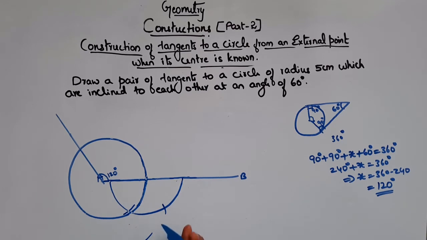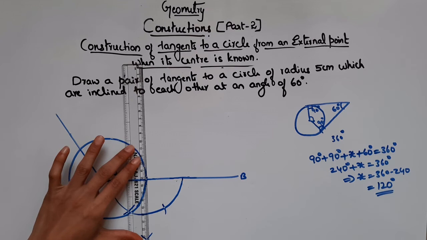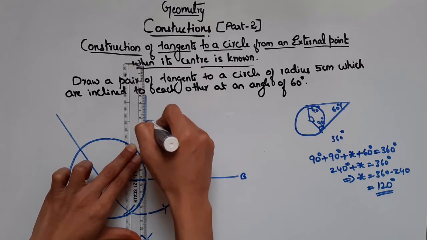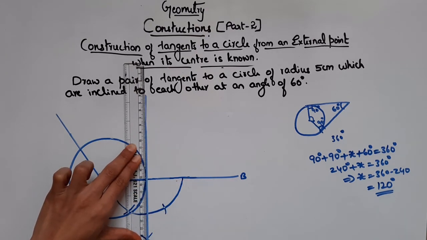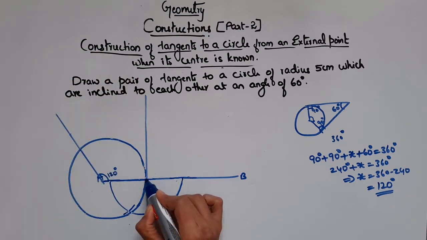Now at this point you will cut like this. So you got a point here. You will join this point with this point. So this is how you draw a perpendicular line like this. So you got one tangent which is passing through this point, right?